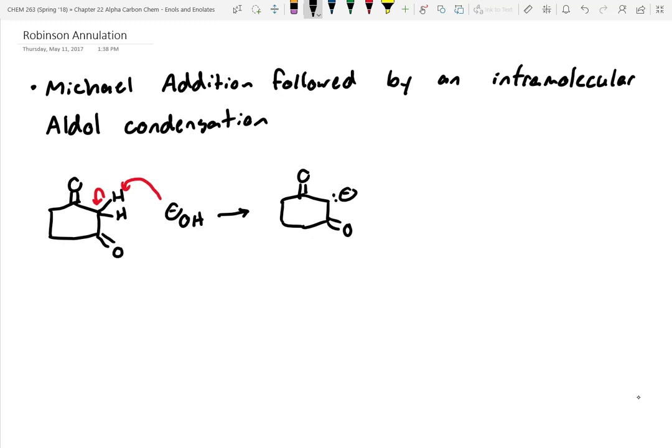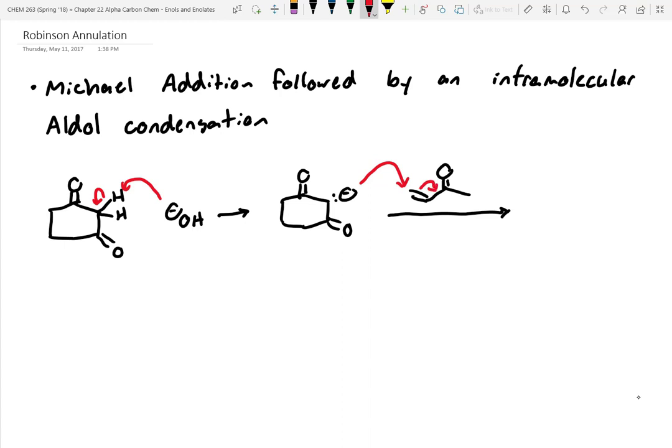And then the next part of a Michael addition is you have to have some sort of alpha beta unsaturated ketone or aldehyde. So I'm just going to use a simple one here. And just like we saw last week, it prefers to attack the beta position.